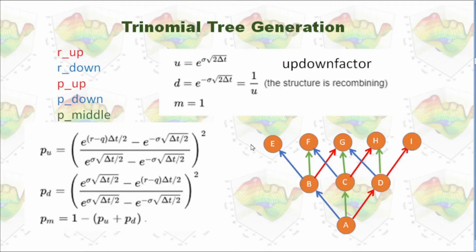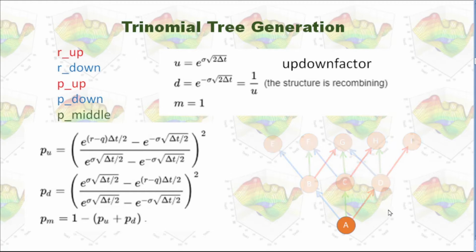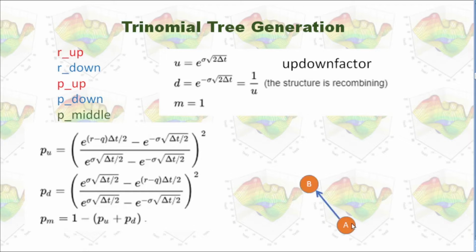And now let's see how we can build this trinomial tree. First, at the beginning, we only have one data point, point A. And then, at the first step, it will go down to here, and the probability of going here is 100%, because there's no other way to reach this data point.